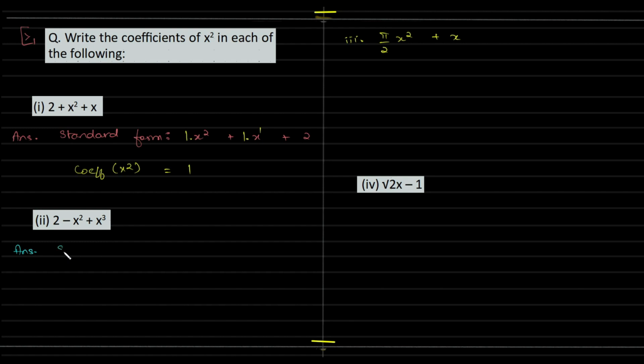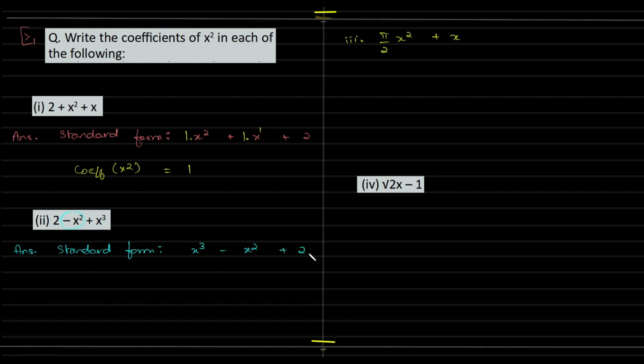I hope you guys have tried it. So the standard form of the second question is the highest power is x cube. Next is x square. Along with that we have a negative. So this sign will not change because we are moving things around in the same expression. Few kids, they change the sign. Please don't do that.